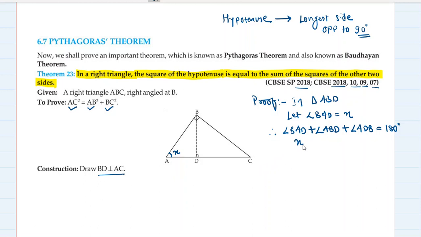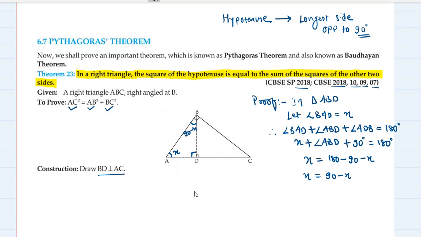What is BAD? X. What is angle ABD? We don't know. And what is angle ADB? If you see closely, it is 90 degree because BD is perpendicular to AC. So X plus angle ABD plus 90 is equal to 180, so angle ABD is 90 minus X. Keep this in mind.